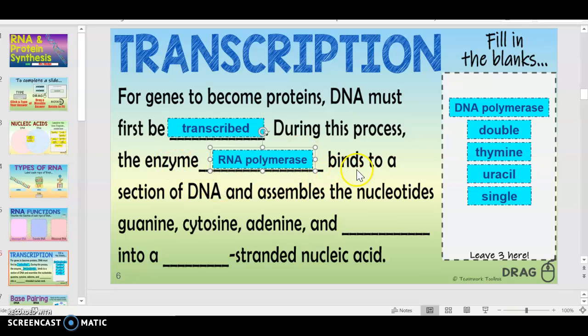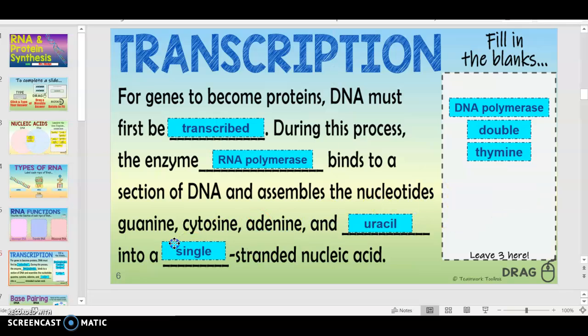The enzyme RNA polymerase binds to a section of DNA and assembles the nucleotides guanine, cytosine, adenine, and now remember we're making RNA here. So what base does RNA have that DNA does not? Uracil. Okay, and RNA is single-stranded, where DNA is double-stranded. That's why it's a double helix. This is a single helix.